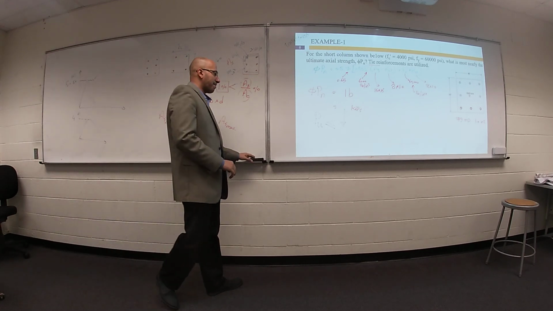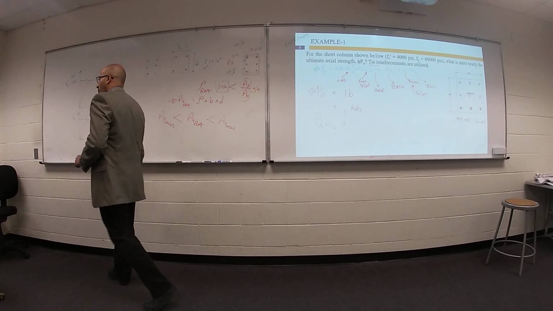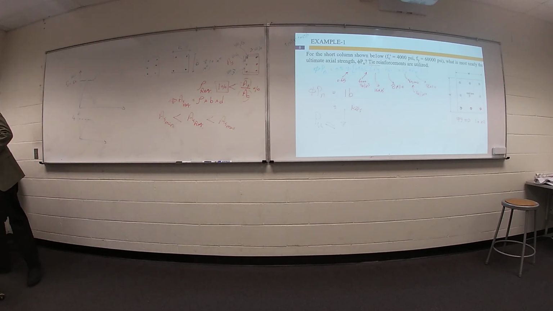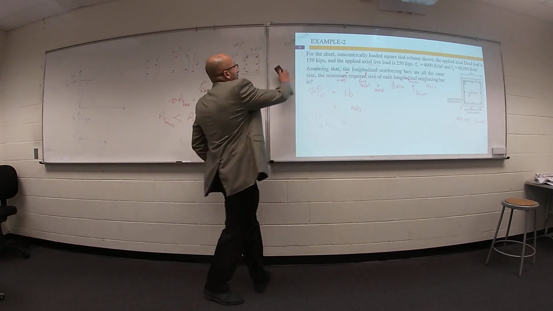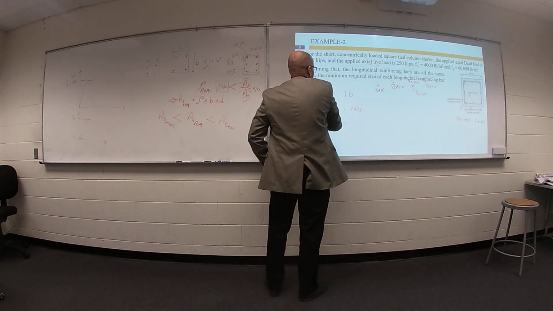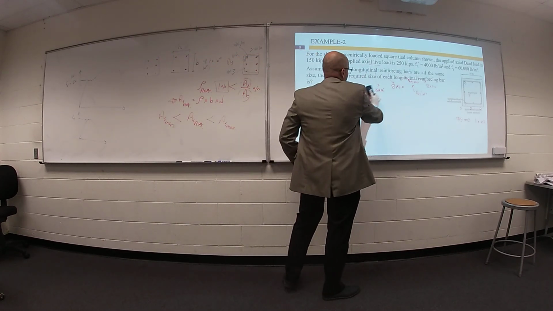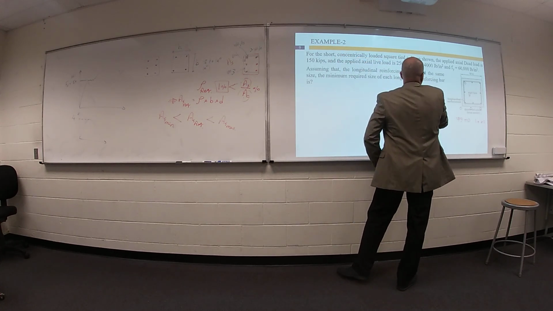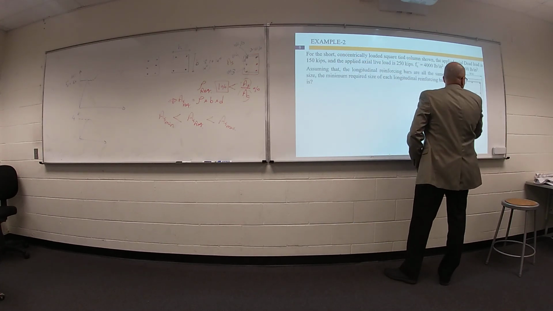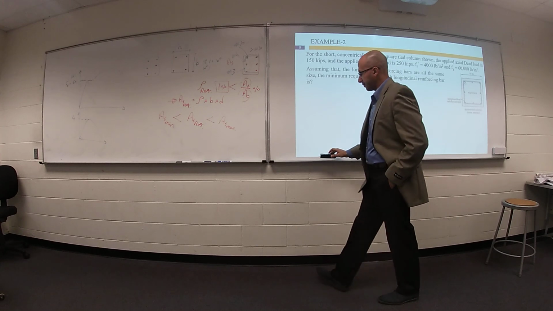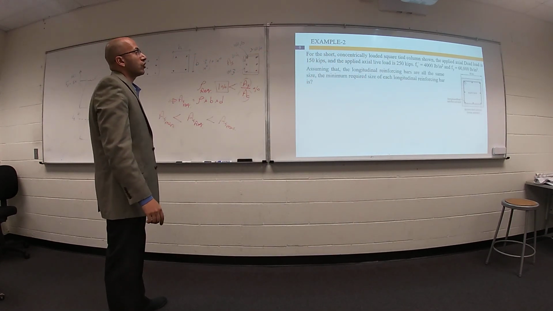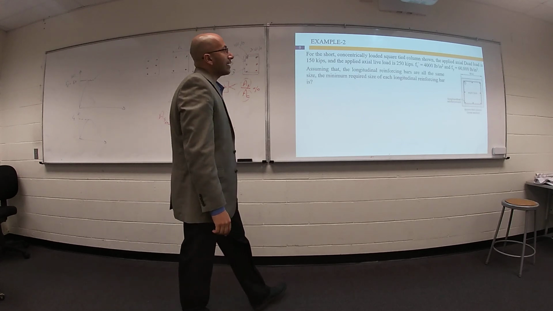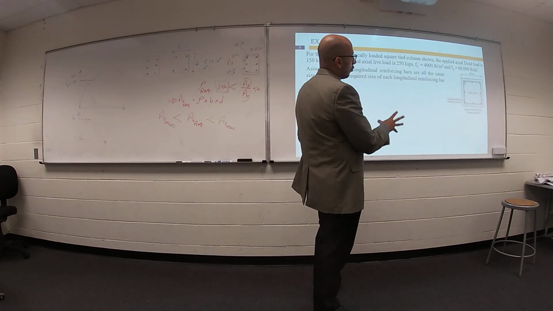One more example. Let's do one more example. For the short square tied column, this column is a square.